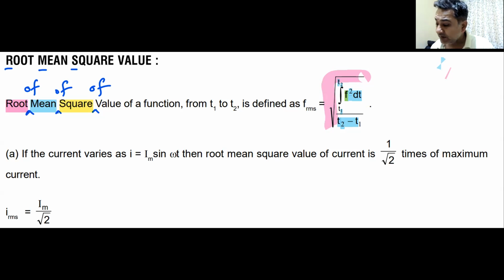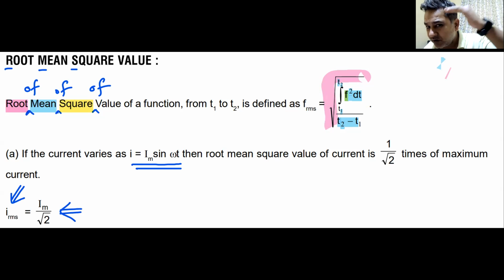If I find the average value of sine omega t over one cycle, it will be 0. But when I find the average of the square, it is 1 by 2. If I take the root of that, it becomes 1 by root 2, and therefore I have this formula for I RMS, I M divided by root 2.